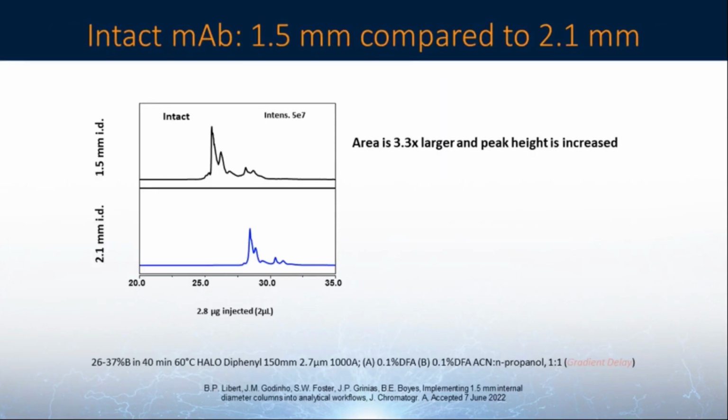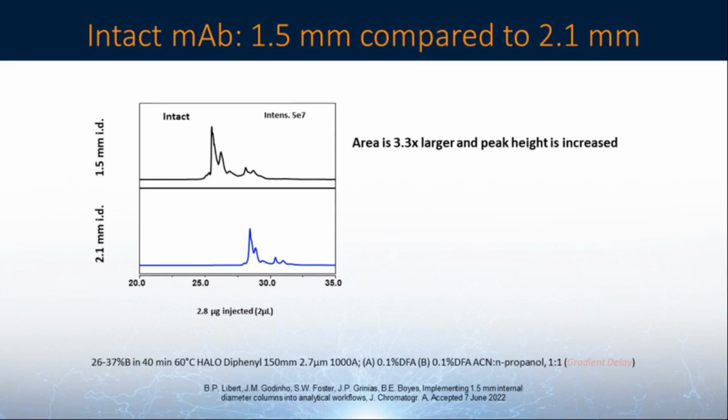Next, I will be showing some LC-MS comparisons. These results are taken from the recently published Journal of Chromatography A paper from Vibert et al., where the flow rates were scaled and the gradient delay was taken into consideration. And in all these examples, we injected the same volume and concentration on all the columns.